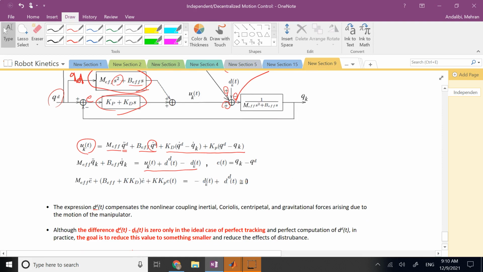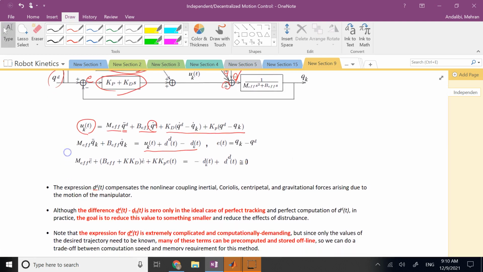When I am very close to the goal position, my Q is going to be very close to QD, correct? I can do a very good, perfect job of tracking. That means your DK should be approximately the same as DD. If that's the case, these two would cancel each other.